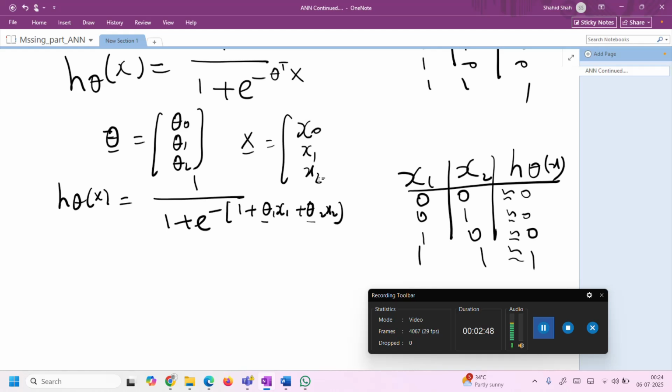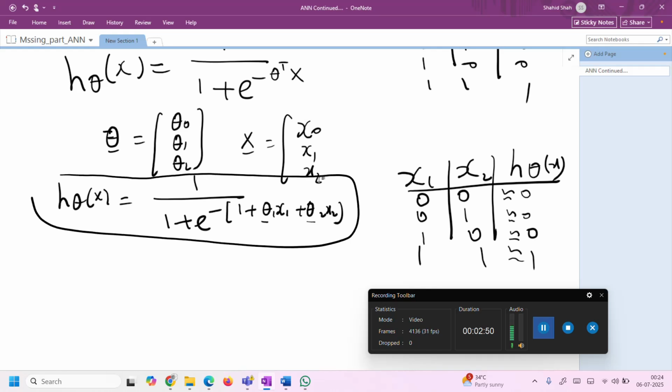Now if you look at this h theta of x, if you want 0 0, what will happen when you put 0 0? Before that I have made a typo, so it is theta 0 here, sorry. Fine.